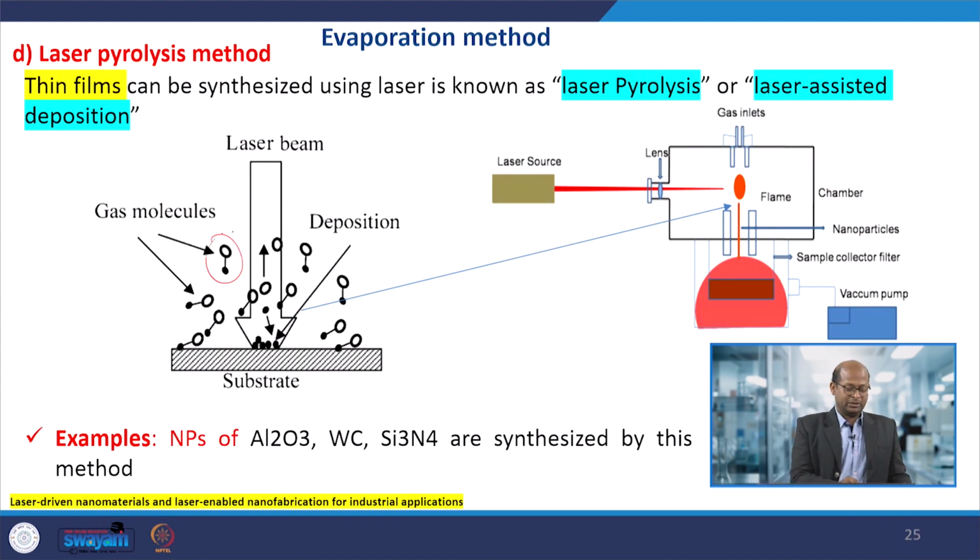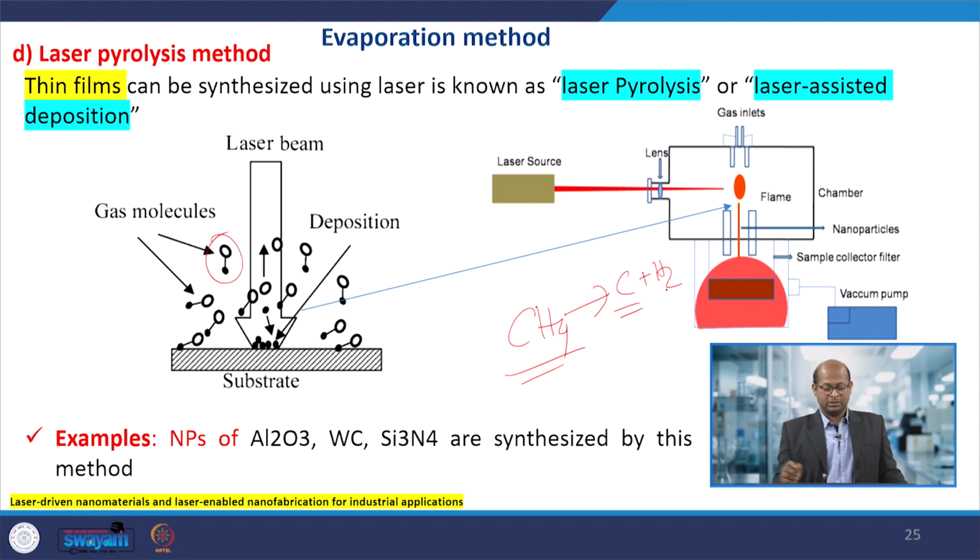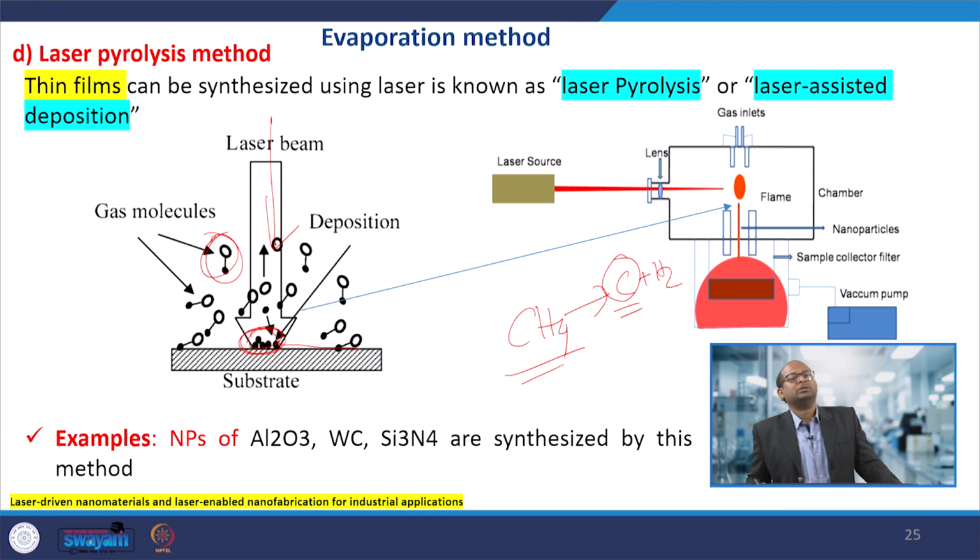Here you can see the gaseous molecules; when the laser beam interacts with them, they are decomposed or pyrolyzed, and the pyrolysis product, carbon in this case, is deposited over the surface, and we can get a thin film on that surface.